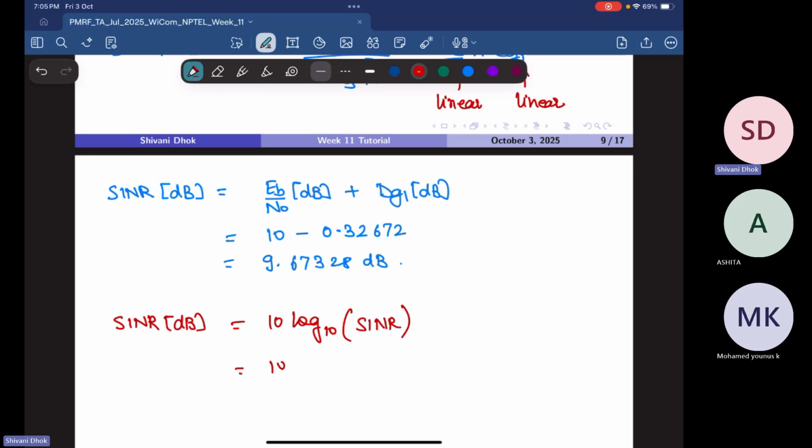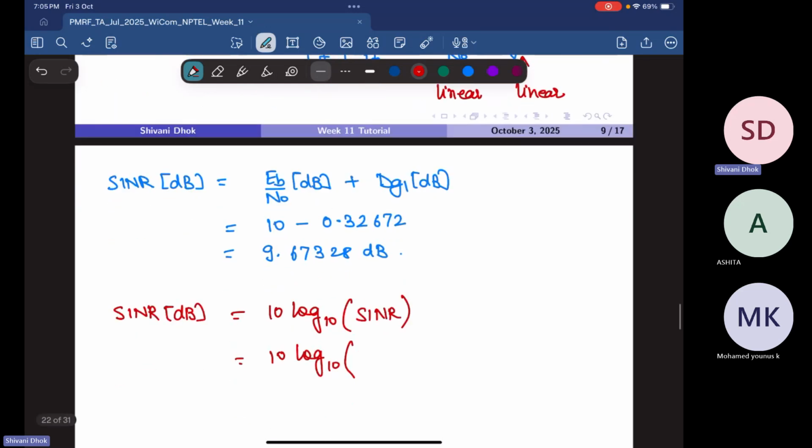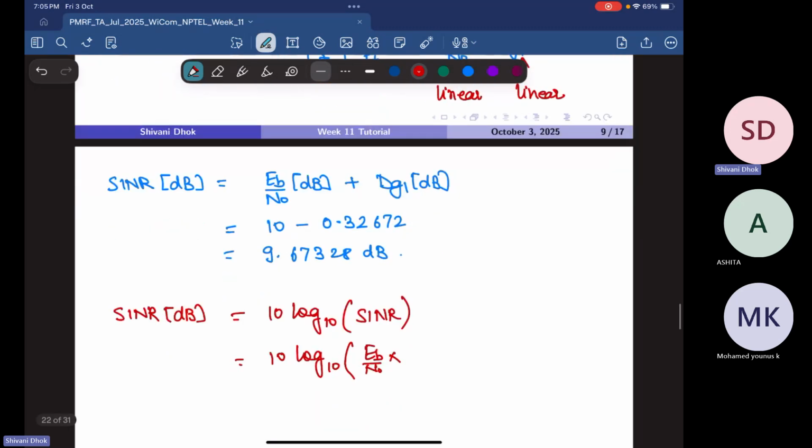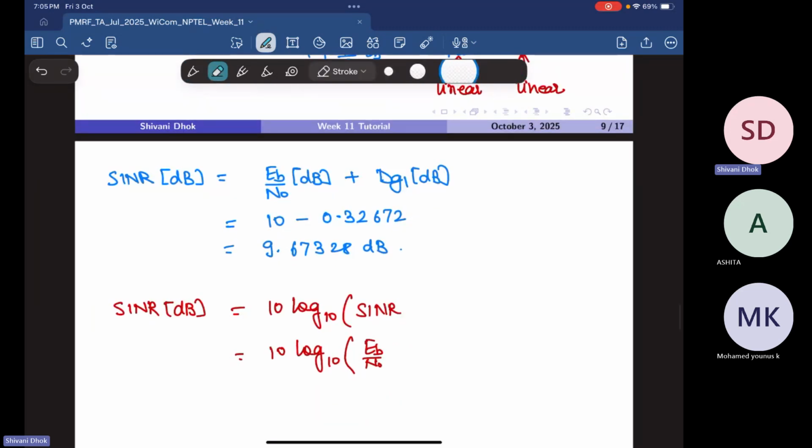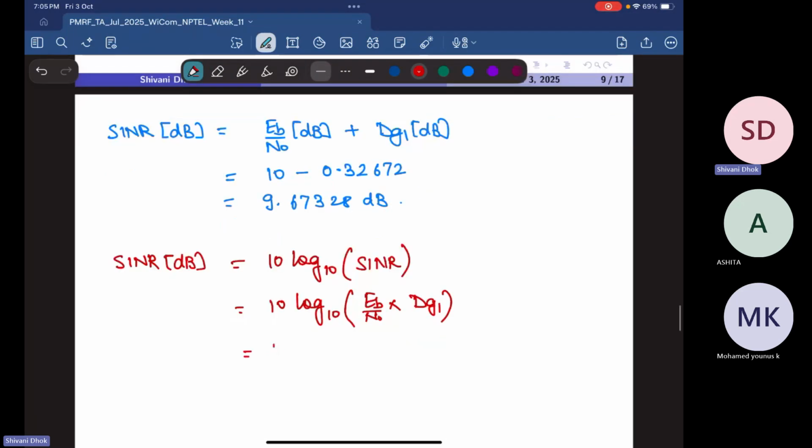Now if I substitute it, it comes out to be 10 times log to the base 10 of Eb by N naught into dg1. So this comes out to be equal to 10 times log to the base 10 Eb by N naught plus 10 times log of dg1 to the base 10.